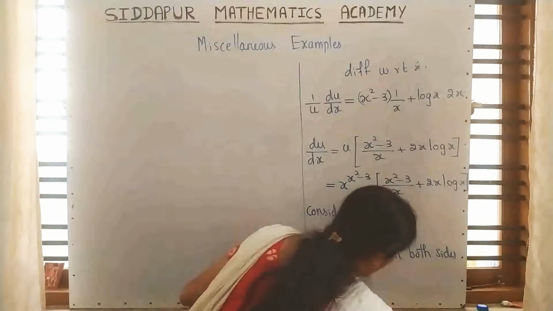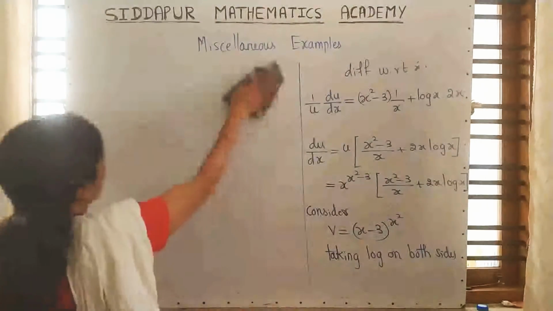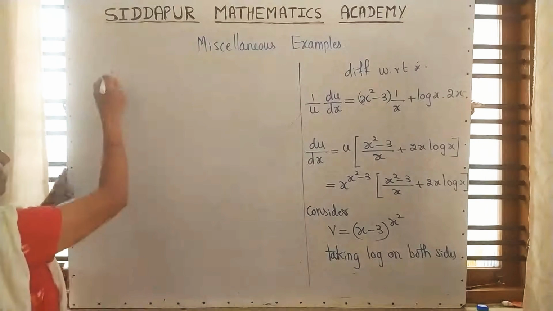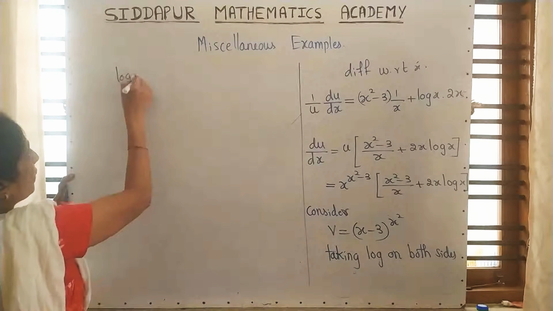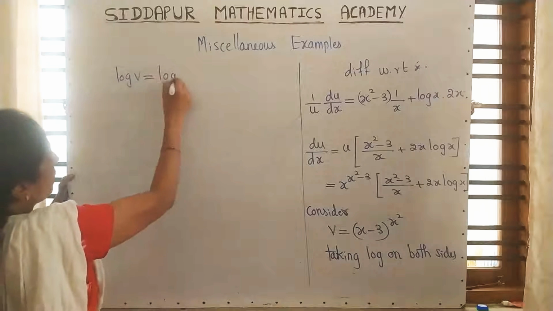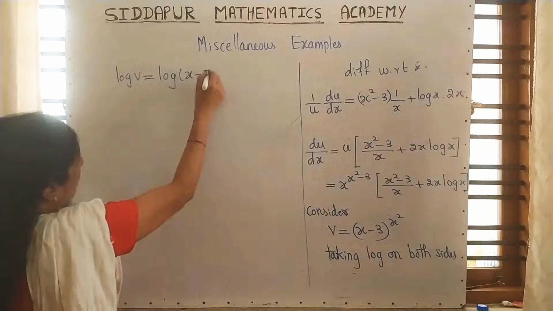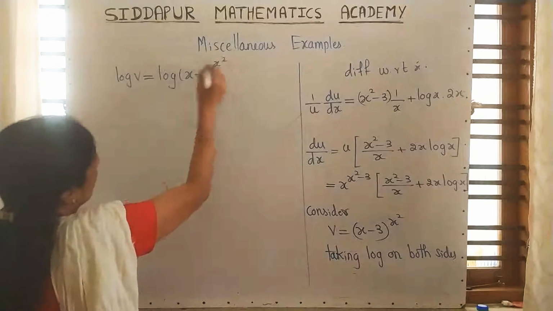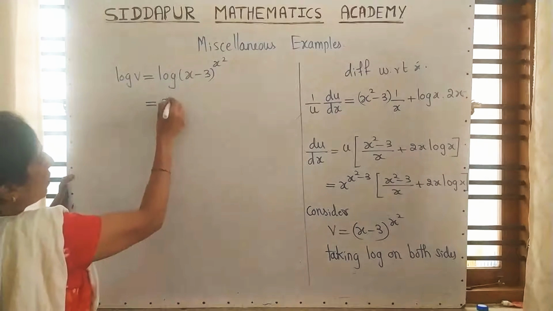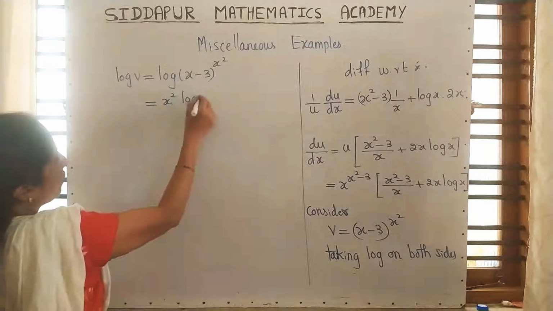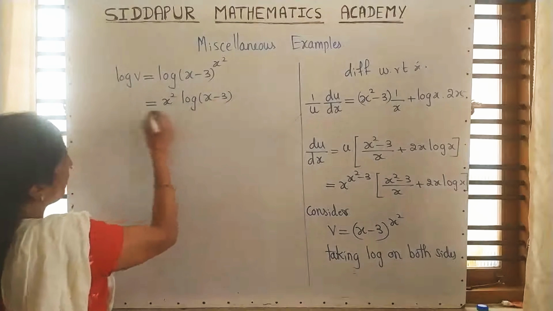Then how do you write? log v is equal to log of x minus 3 whole raised to x square. Applying the properties of log, it is x square into log of x minus 3.